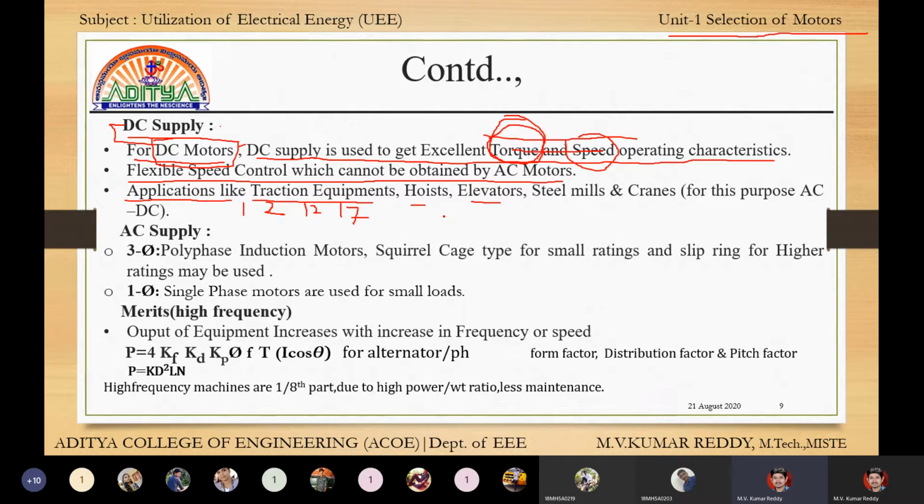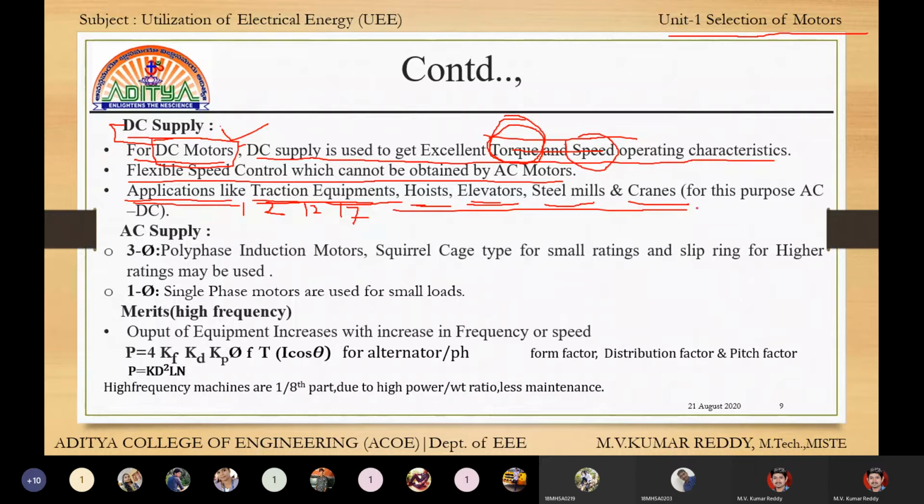Applications like traction equipments mean trains, related to trains. Next, hoists, elevators, steel mills, cranes. In these equipments we mostly use DC supply. DC supply means, indirectly, a DC motor.